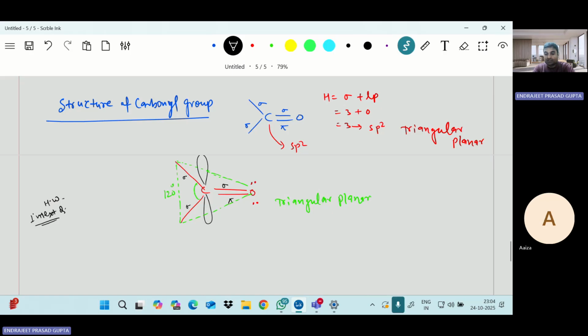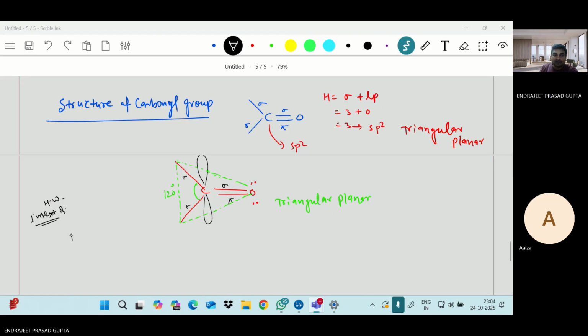The first question is alpha methoxy propionaldehyde.